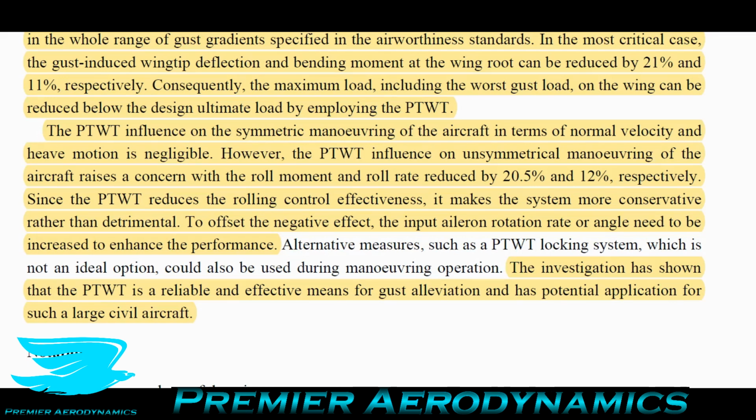You want it to be very stable, like a sofa in the air, very comfortable. It moves gently, and the people on board are very happy. That's safe. However, there are standards that you need to meet in terms of the ability to roll. If you drop these roll moments and roll rates by 20.5 and 12%, that's probably going to be below these standards, and you need to make the ailerons bigger to offset this problem. So that's one thing to look out for.